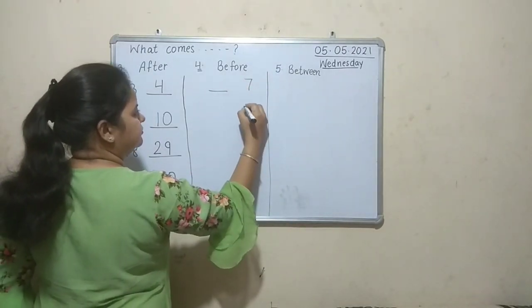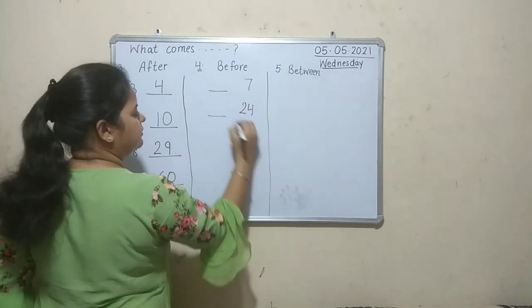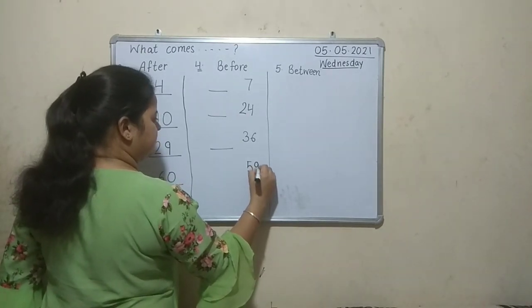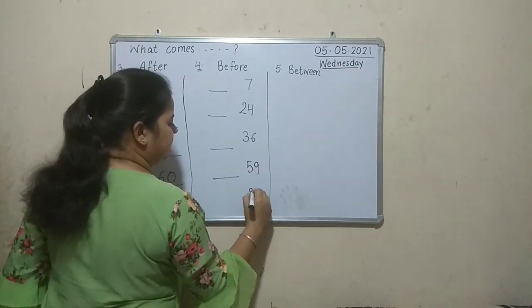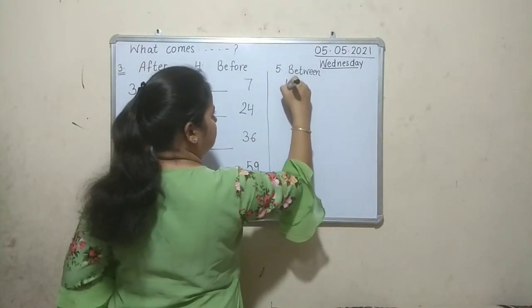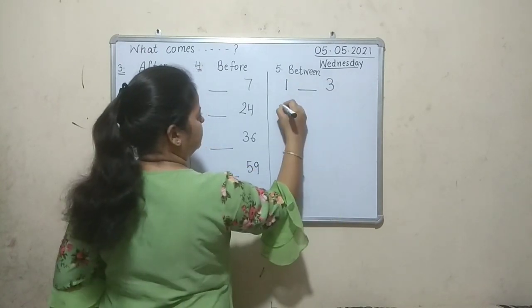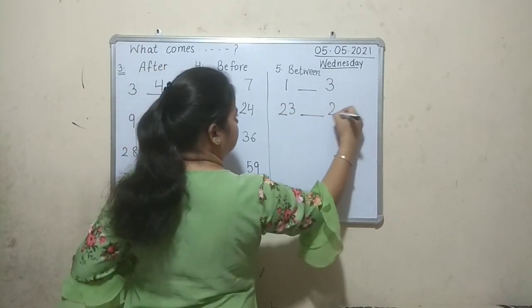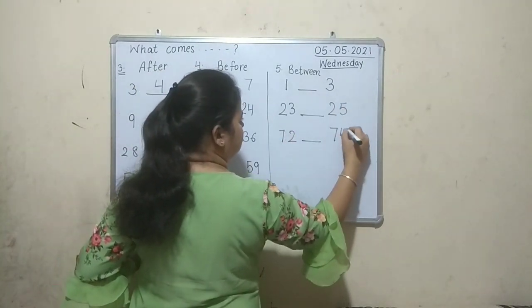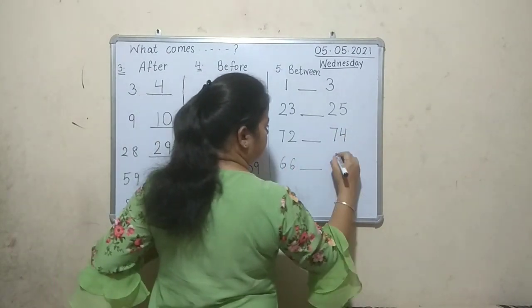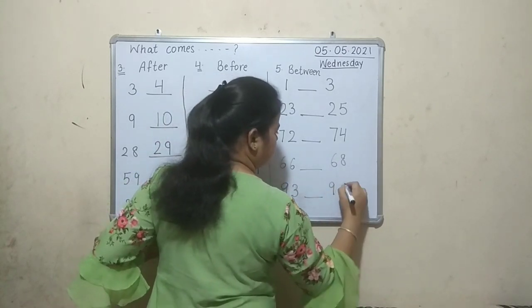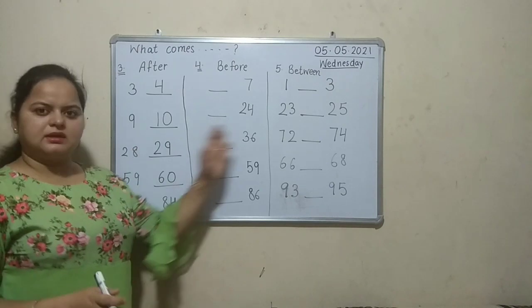7, 24, 36, 59, 86. The numbers are written on the board.